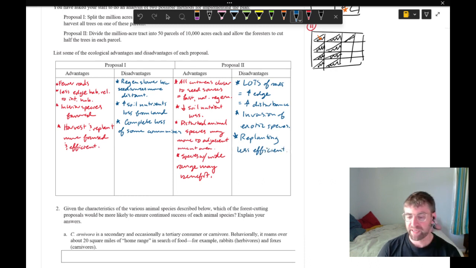And depending on what we're talking about, if this is a plant that can reseed itself pretty easily, doing this subdivided, proposal two, you might not need replanting operations anyway, because the sources of seed plants are close enough that they can regulate and replenish themselves.